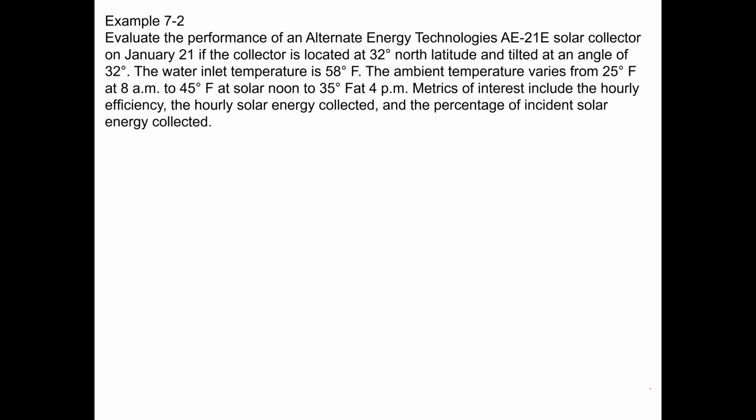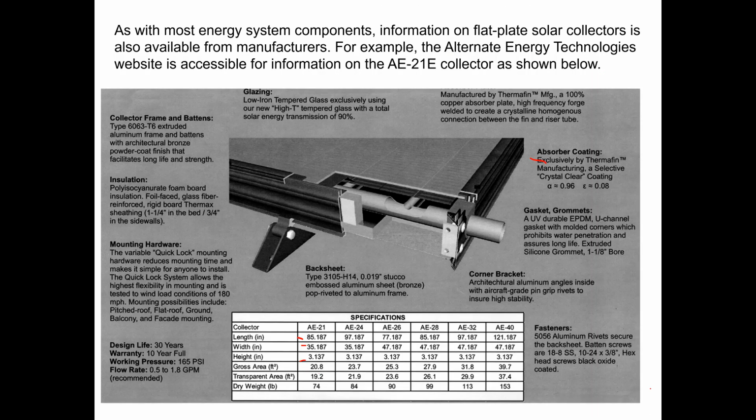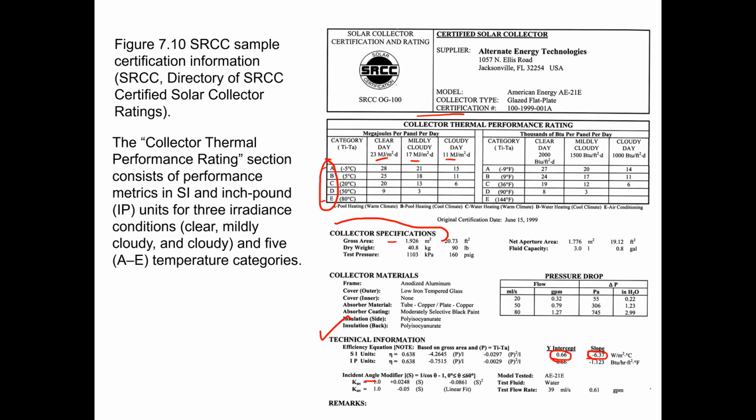So if we go back to our Alternate Energy solar collector here, we can pull out some of the data that we need, starting with the gross area. So we'll look at the area, 20.73 square feet, and we can pull out also the intercept, which is 0.66, and our slope, which is negative 1.23 BTU per hour per square foot per Fahrenheit.